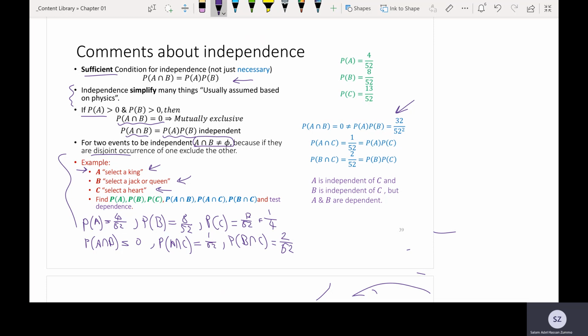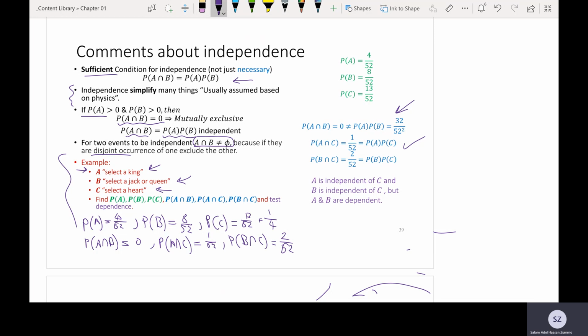Now, A and C, are they independent or not? Mathematically, A intersect C is 1 over 52, while A is 4 over 52 and C is 13 over 52. Multiplying 13 over 52 by 4 over 52 will give you 1 over 52, which checks out.